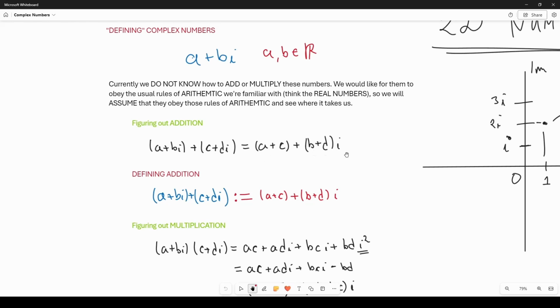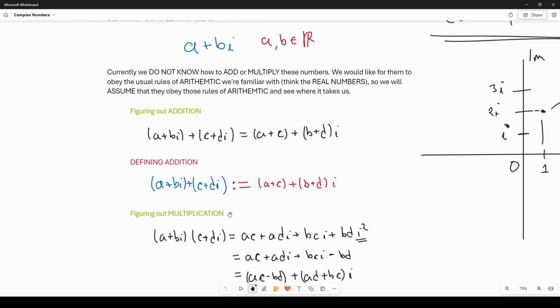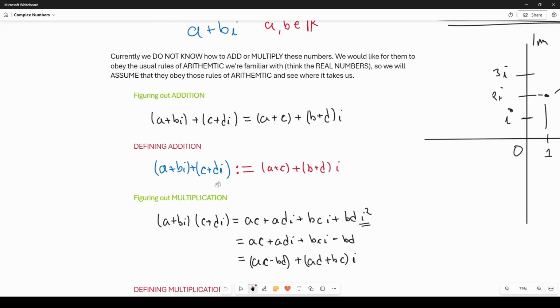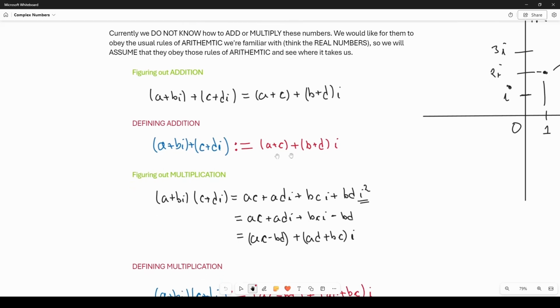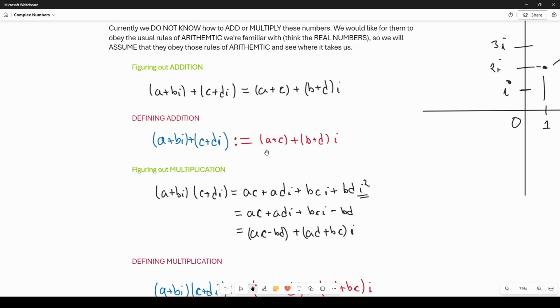And then we end up with this complex number where its real part is a plus c and its imaginary part is b plus d. So we got this, and we will use this to define addition. So what does it mean to add two complex numbers? Well, it is to get this new complex number, which you compute in this manner.